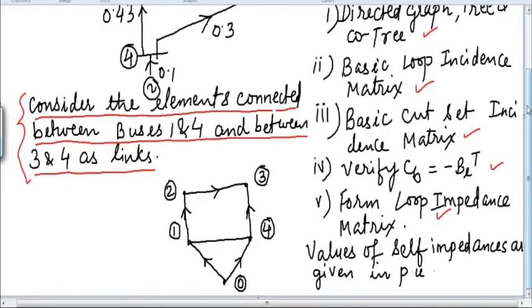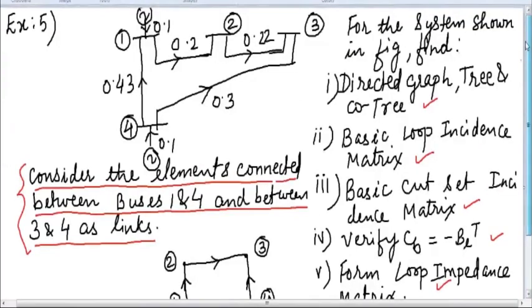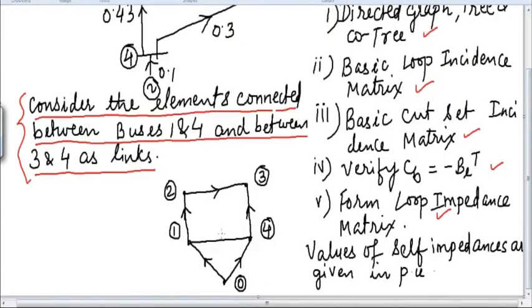Then in case of 1 and 4 you can see, from 4 towards 1. This is the direction which is given in the problem. So from 4 towards 1. So that we will be replacing here, from 4 towards 1. So this is the directions which is given as per the problem.